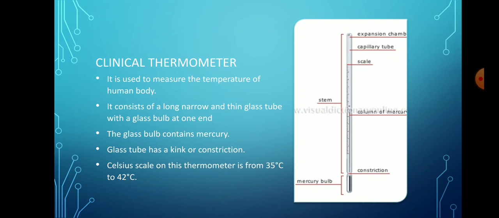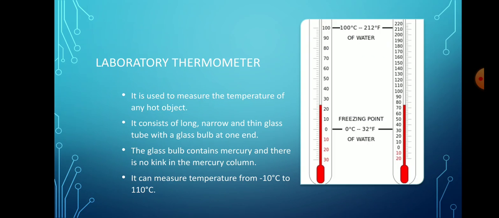The Celsius scale on this thermometer is from 35 degrees Celsius to 42 degrees Celsius. Here is the diagram of a clinical thermometer.